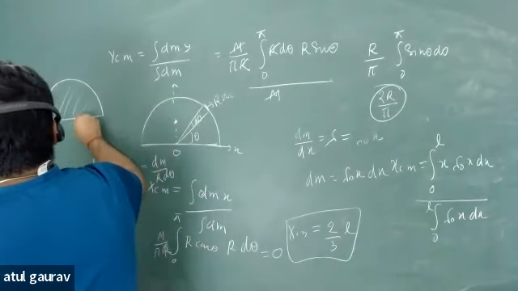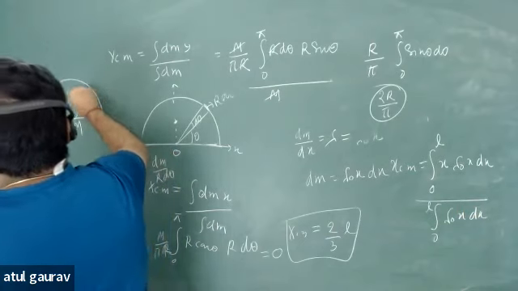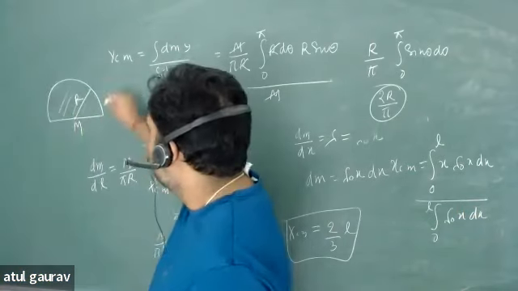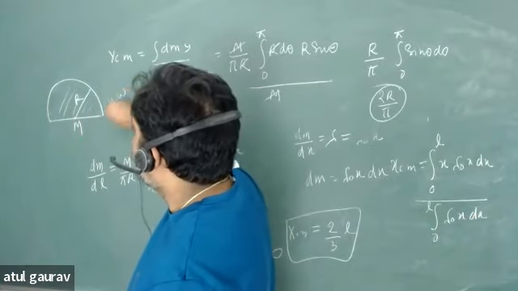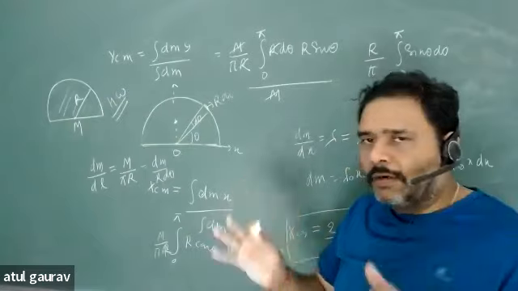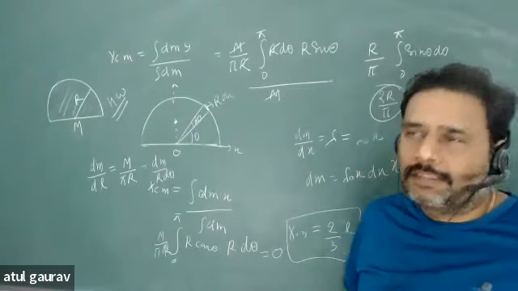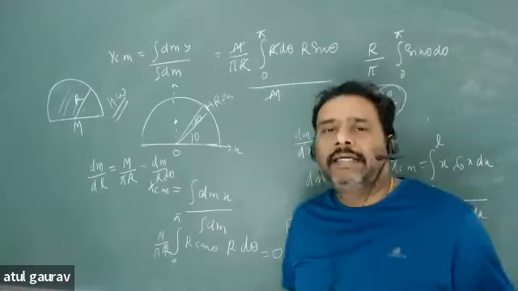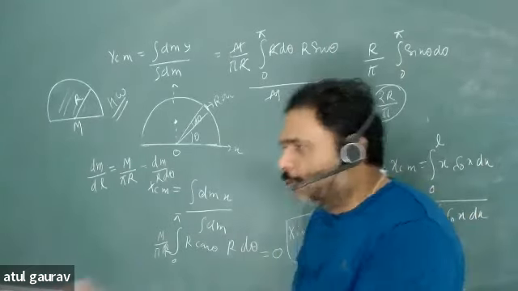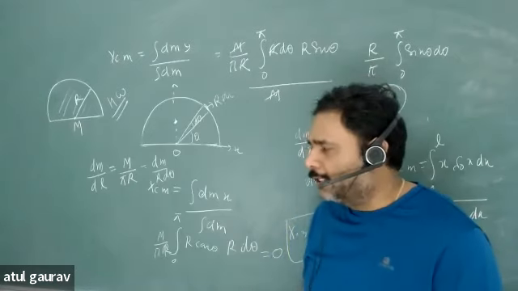Mass is m and radius is r. कर लोगे इसे homework? Yes, sir. Just try to do this ताकि कल थोड़ा फास्ट कर सके चीजों को. Tomorrow I will use a lot of techniques like the parallel axis theorem and perpendicular axis theorem. कुछ masses हटा देंगे तो क्या होगा, कुछ masses जोड़ देंगे तो क्या होगा. This type of problem is very interesting and we will try to solve it.